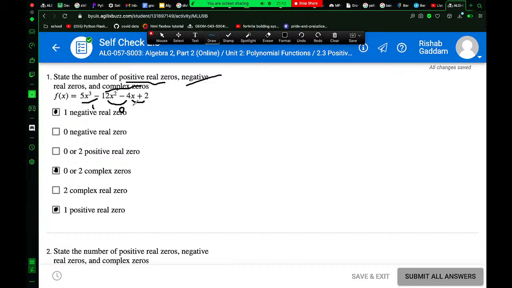Okay, I think you misunderstood the concept a little bit. So every time a sign changes, you have to add 1 to the positive real zeros. So basically, you have 1 plus 1 over here because in this equation it changed 2 times. That means you have 2 or 0 positive real zeros.